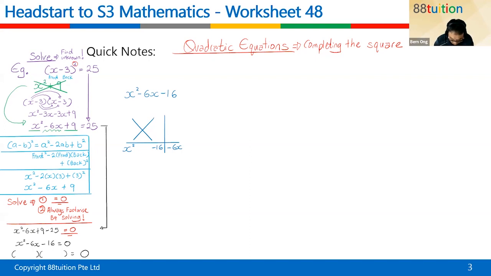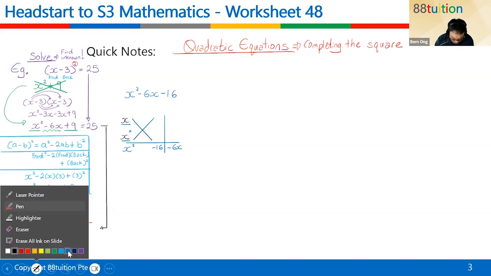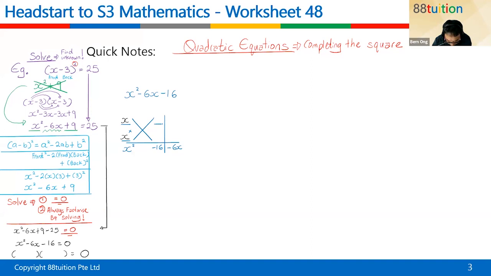You ask yourself, what times what, down here, is a multiplication that must give you an x squared. So the only possibility is x times x. Some schools teach these methods too. I'm just listing it out. Down here also, you are supposed to fill in the space. What times what gives you 16?